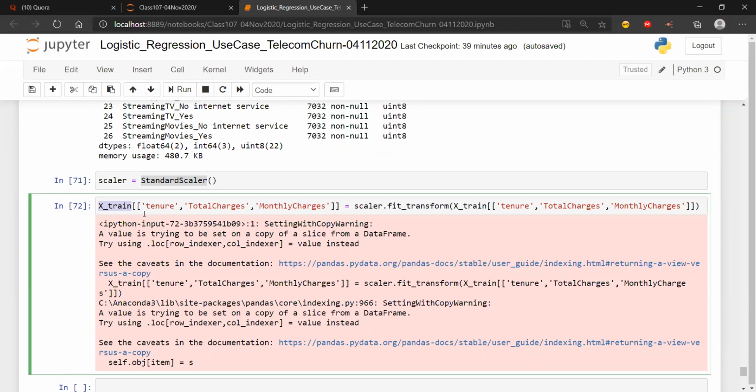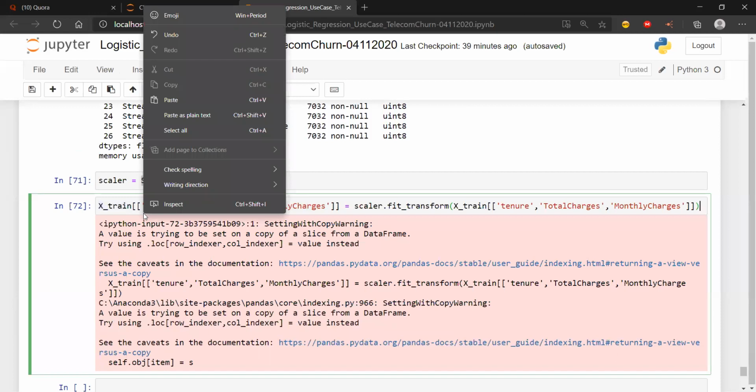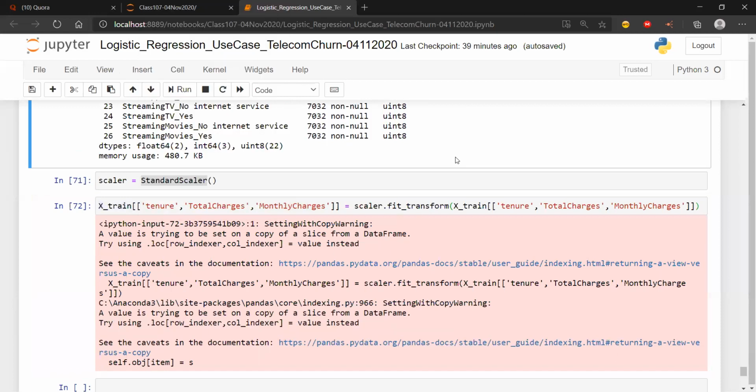Try to find the answer on Stack Overflow. There are a lot of good answers there, or you can try to find the answer on Stats Exchange. So you can try to find the answers there, and maybe in the next class you can share your views on why we should not be scaling the targets. We should only be scaling the features, right?